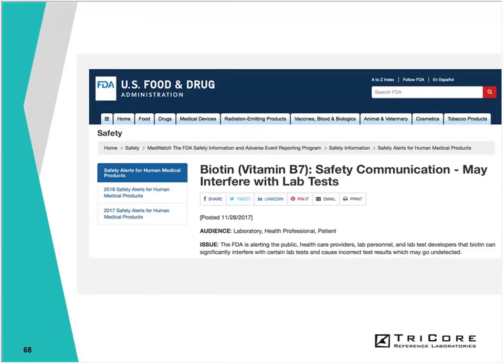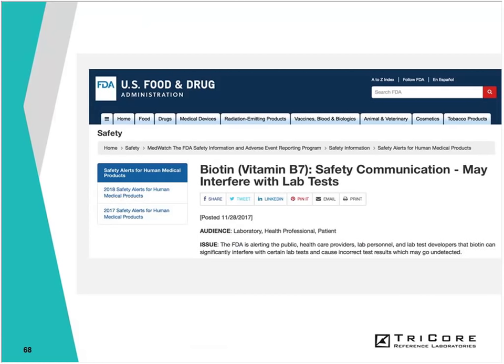So it's cases like these, and there are many others that have been published, as well as a reported patient death from a false negative troponin test that was attributed to biotin interference, that prompted the FDA to issue a safety alert last November.